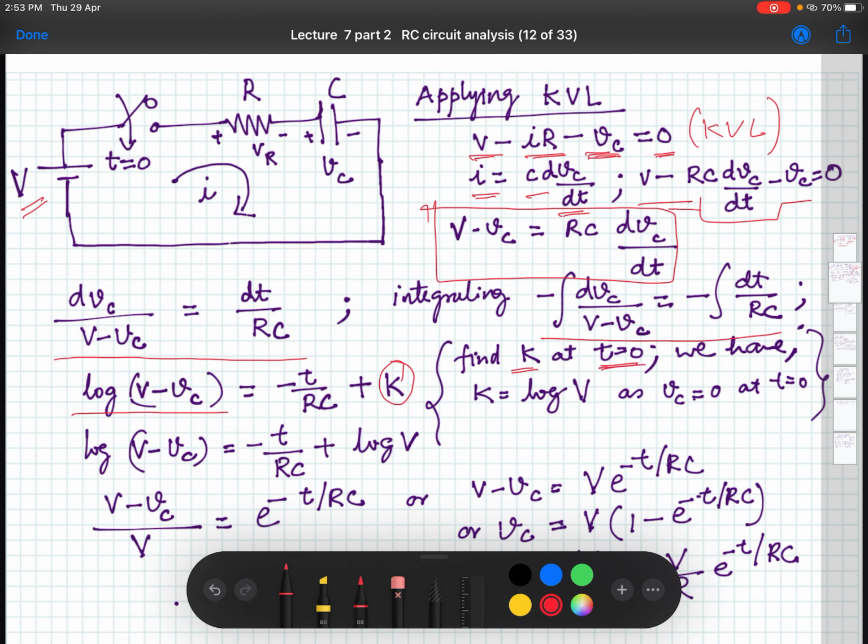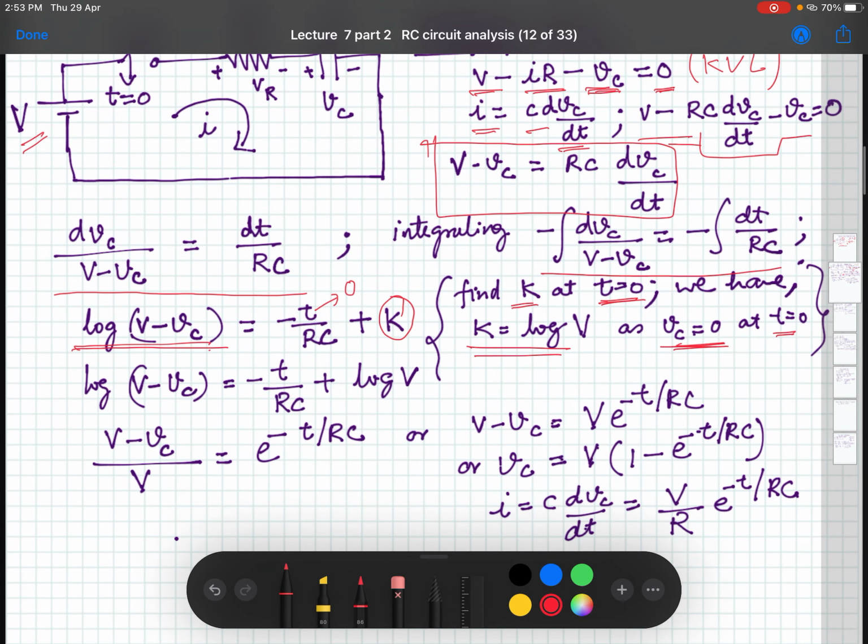So as soon as time t equal to 0 is there, you can put time t equal to 0 here and find the value of k. So at time t equal to 0, you also have Vc equal to 0. Okay, so before switching the capacitor was uncharged, no charge was there, and that's why Vc equal to 0 at t equal to 0, and that gives you k equal to log V if you solve this equation.